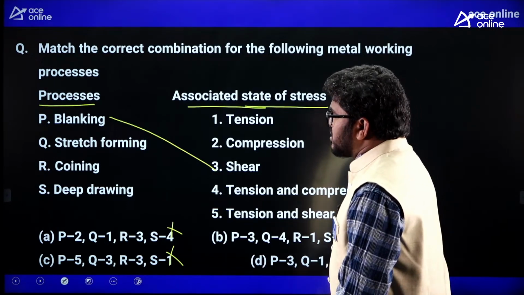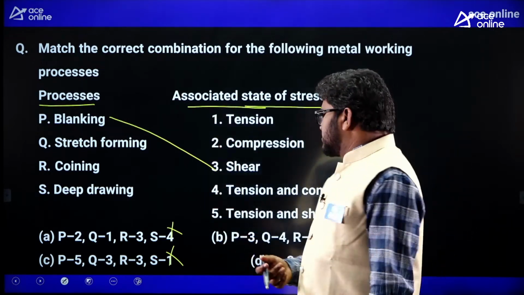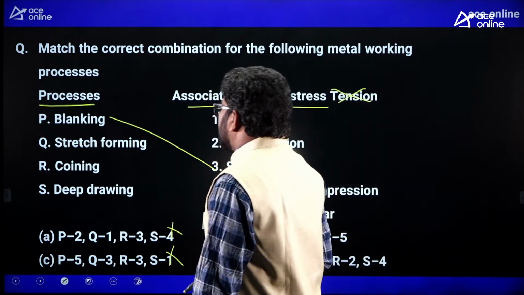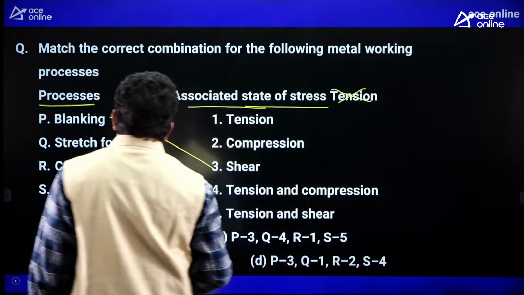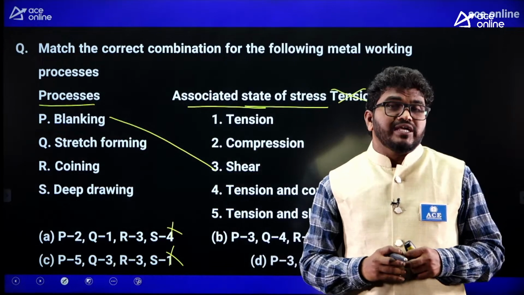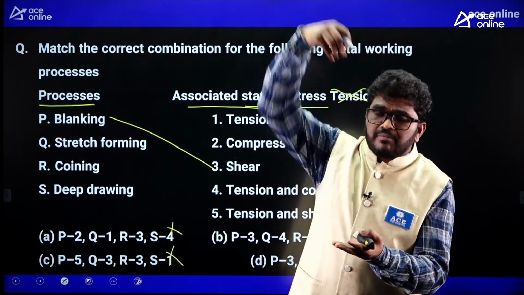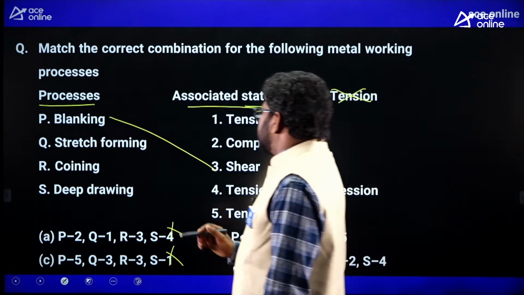And sometimes if I bend the material like this, some areas are in tension, some areas in compression. And coining is nothing but compression. Deep drawing, tension and compression. Remember, deep drawing means we are keeping the sheet metal on a die and applying punching force. So tension and compression both are going to be generated.